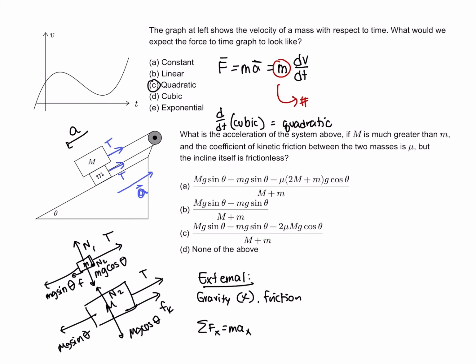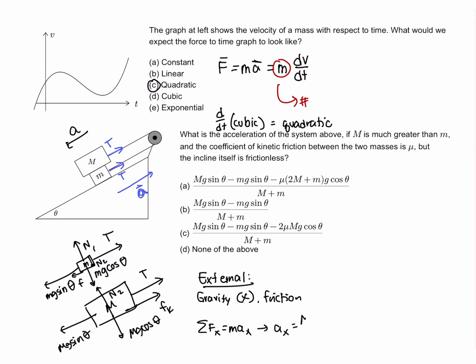The sum of forces is equal to ma, and we consider the total mass and the sum of the net external forces. I'm going to consider the direction of the acceleration as positive.